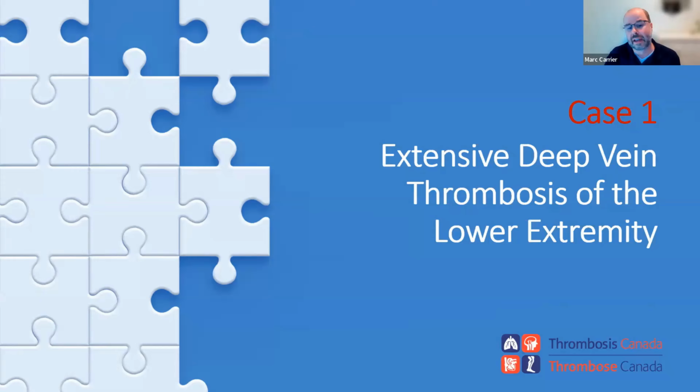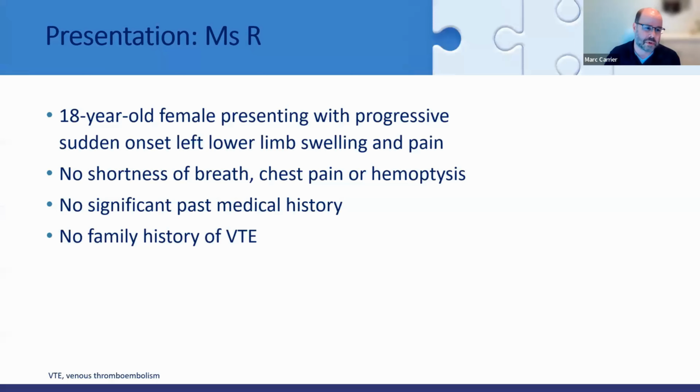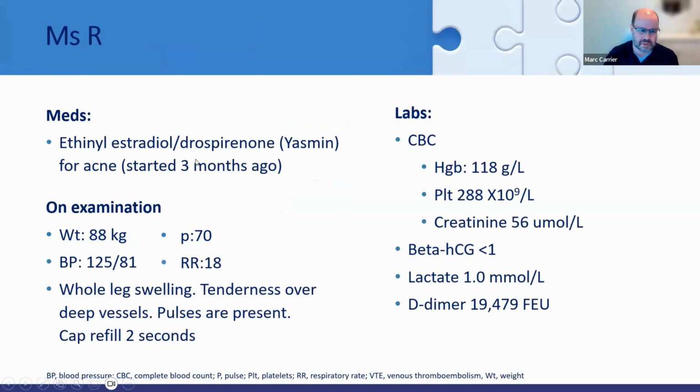So the first case is for an extensive deep vein thrombosis of the lower extremity. This is an 18-year-old female who presented with progressive sudden onset left lower limb swelling and pain. No shortness of breath, chest pain, or hemoptysis, no significant past medical history, no family history of venous thromboembolic disease.